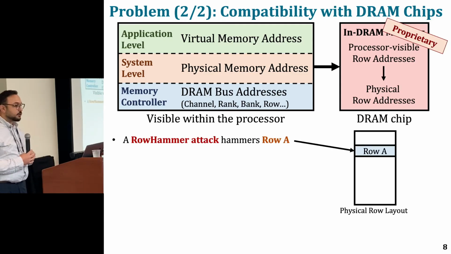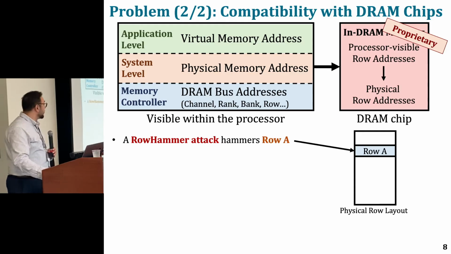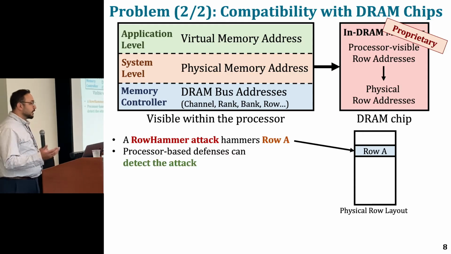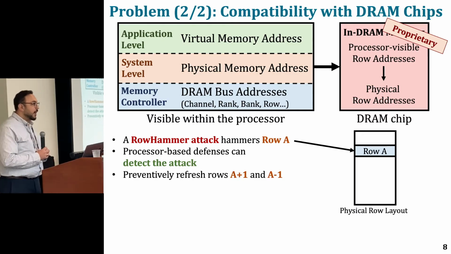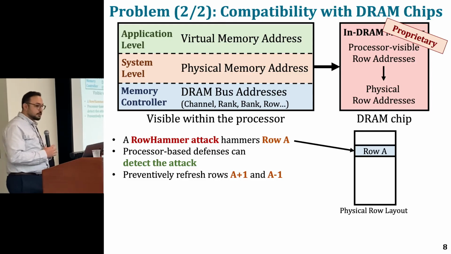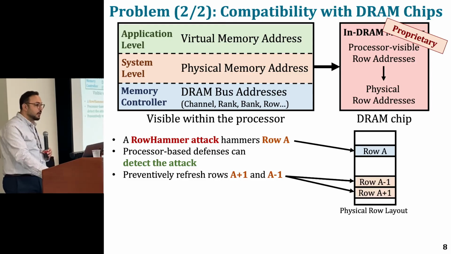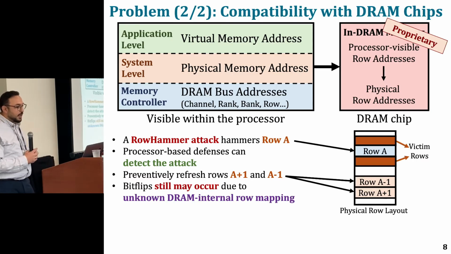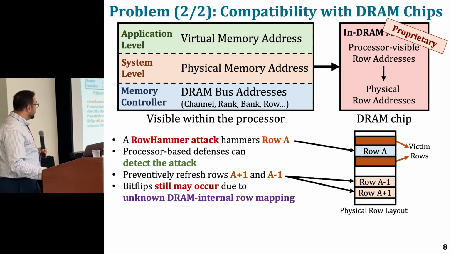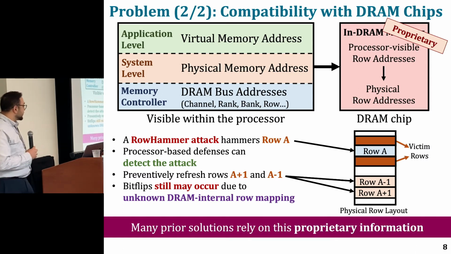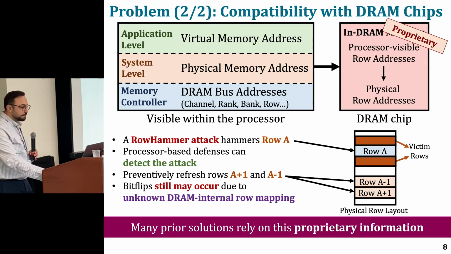As a result, when a RowHammer attack hammers a row A in this example, processor-based defenses can easily identify this attack by observing the access patterns, and they can issue preventive refresh operations to addresses A+1 and A-1, but these rows can be in irrelevant physical locations, and bit flips still may occur in the actual victim rows. Unfortunately, prior solutions rely on this proprietary information.